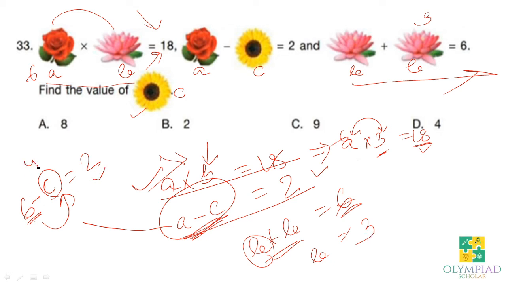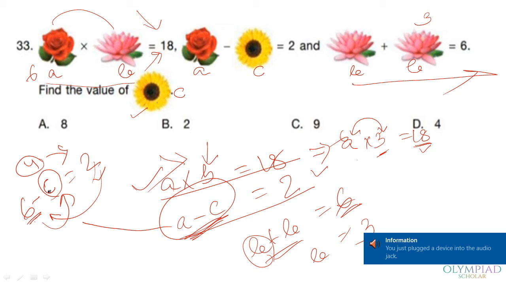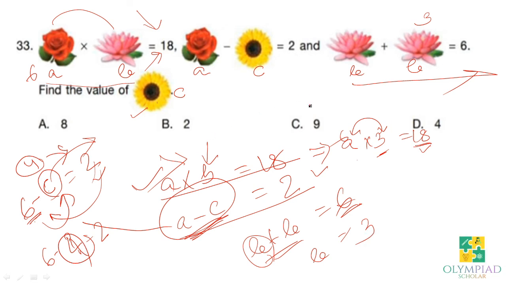Definitely 6 minus 4 equals 2. Or you can bring C to this side. It is a complicated one for your standard. So 6 minus dash equals 2, so it has to be 4. So the value of C is 4, or this flower is 4. So option D is correct.